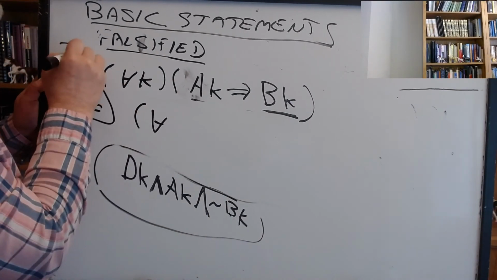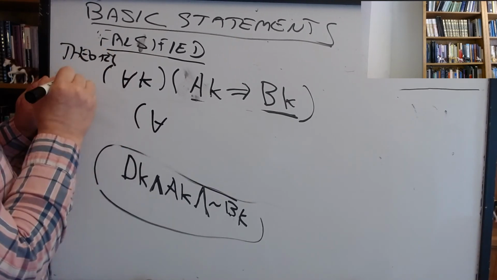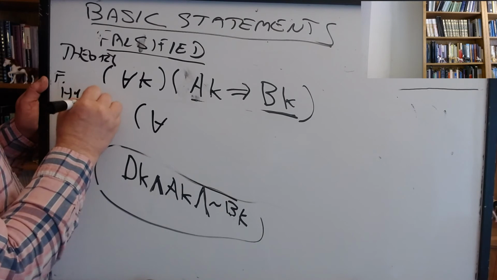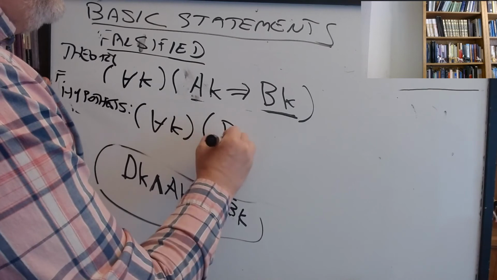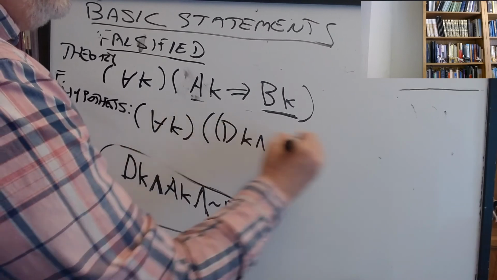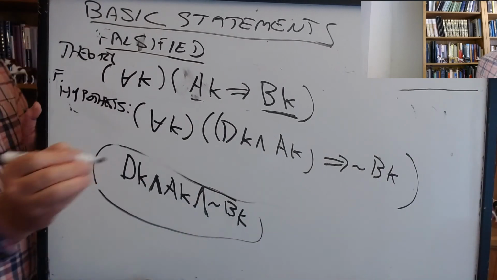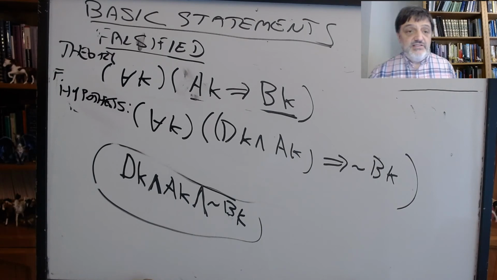Right, so this is the theory, and this is the falsifying hypothesis. The falsifying hypothesis says that every swan in Australia is not white.